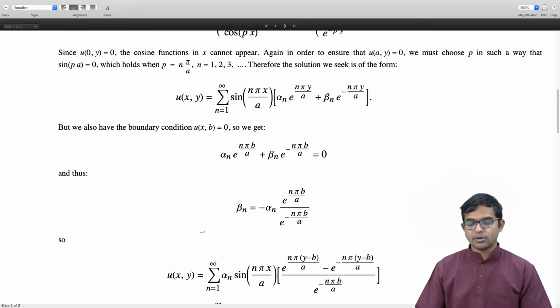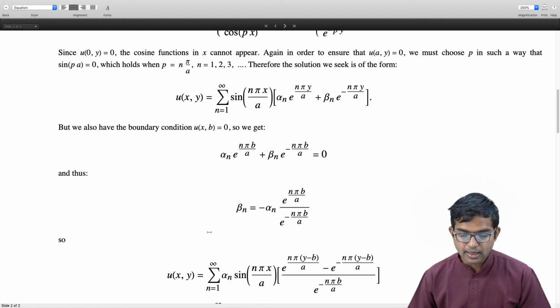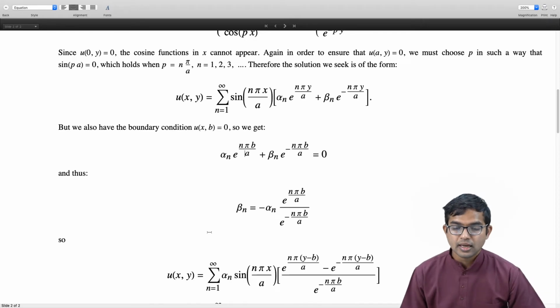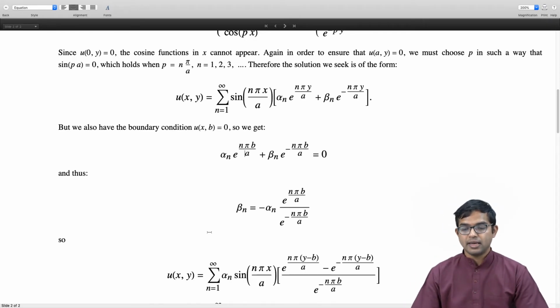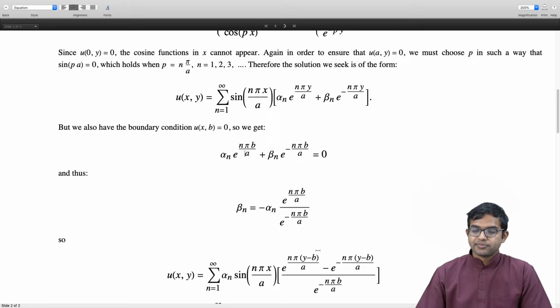So u of x comma y is equal to summation over n going from 1 to infinity alpha n sine of n pi x by a times, you can actually pull out this alpha n, because beta n is also really alpha n times this stuff. So then you can write this as e to the n pi y by a minus e to the minus n pi y by a, the whole thing divided by e to the minus n pi b by a.